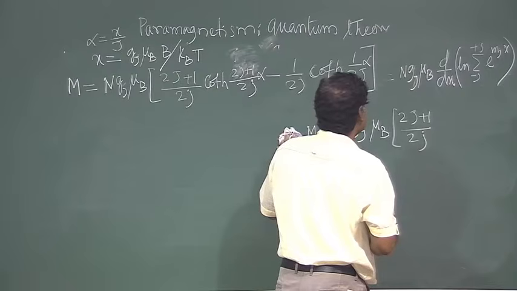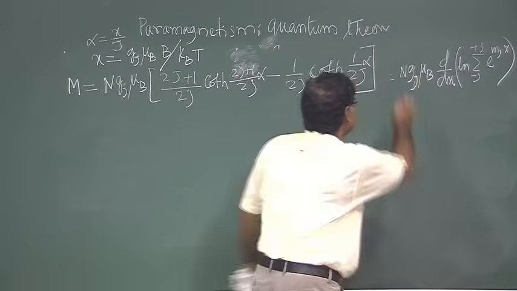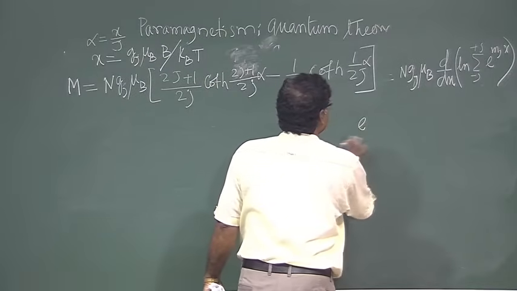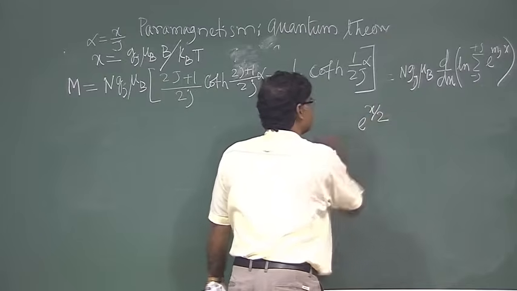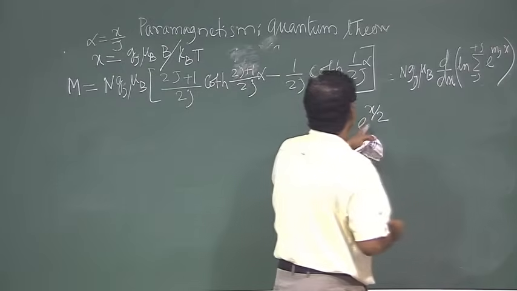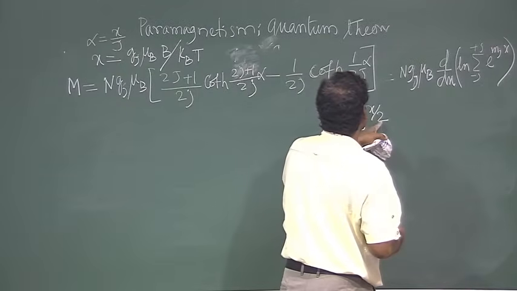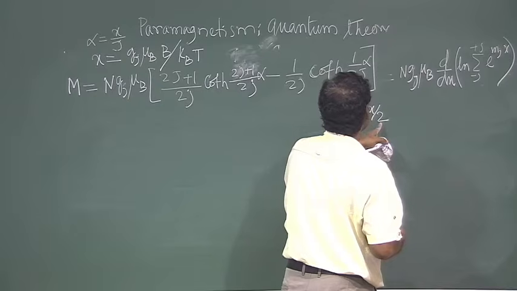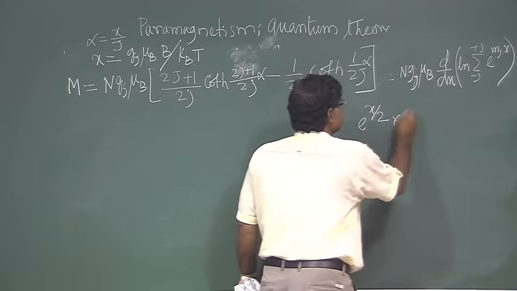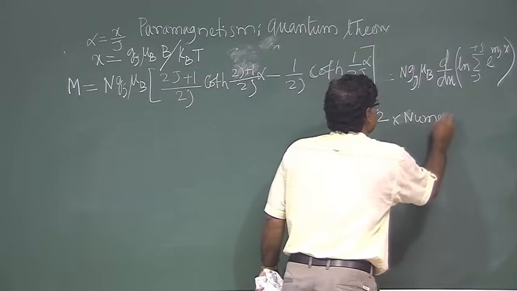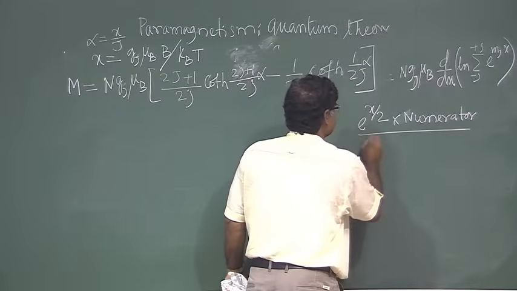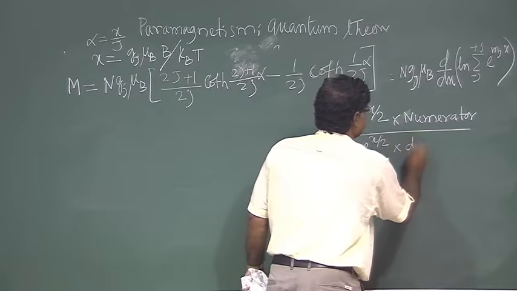And then in between you have to multiply by e to the power x by 2 in both denominator and numerator. So this into numerator and then this into denominator.